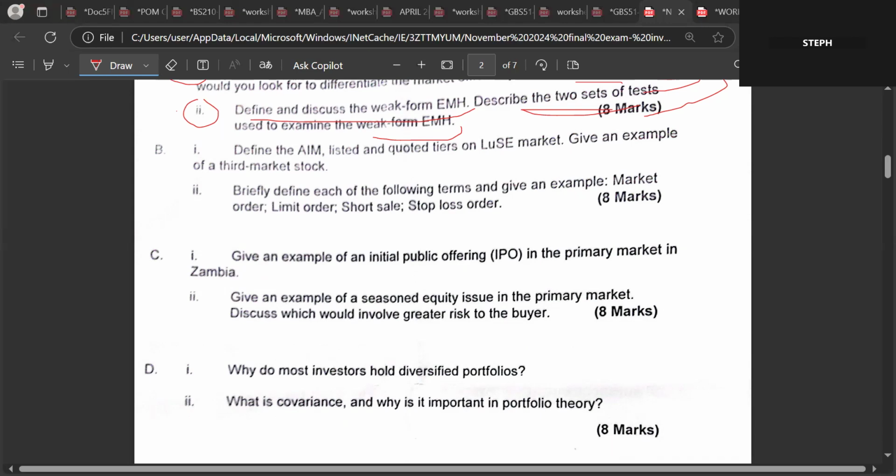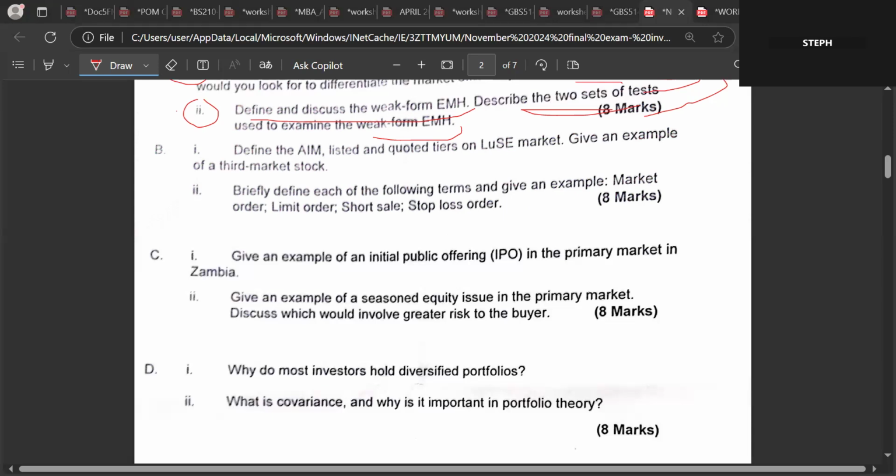It tends to offer a more flexible regulatory environment compared to the main market, because it allows these younger or riskier companies to raise funds through public listings with fewer compliance requirements.